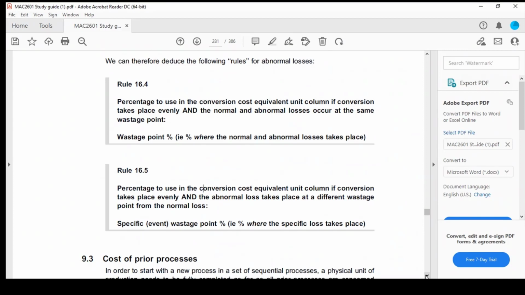Remember at the beginning when we were doing equivalent units, you always have to take into account where your wastage point is. There are instances where your normal loss and abnormal loss will happen at the same time, and there are instances where they are split. So just be alert as to where the wastage point is.